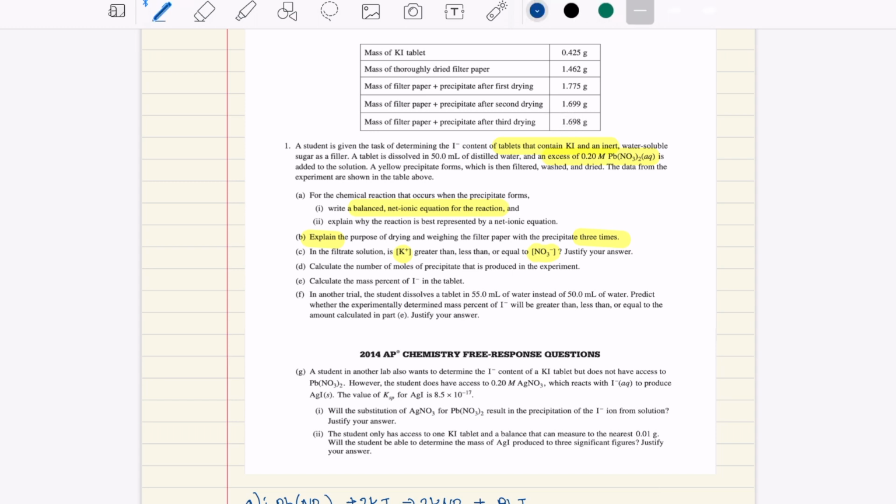So we have to understand what this third row really means, right? The third row is really the mass of the filter paper and the precipitate after all the water has been driven off. And then going back to the second row, it's just the mass of the thoroughly dried filter paper.